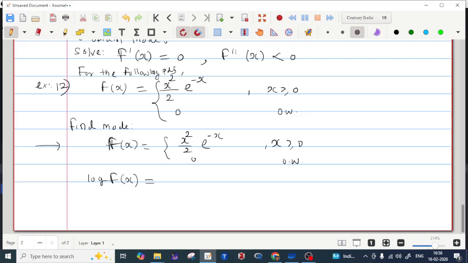So the log of f(x) is minus log 2 plus 2 times log x minus x. Now differentiate. After differentiating log of f(x), the derivative of log f(x), that is f dash x by f(x), is 0, plus 2 times the derivative of log x, which is 1 upon x, minus the derivative of x, which is 1.